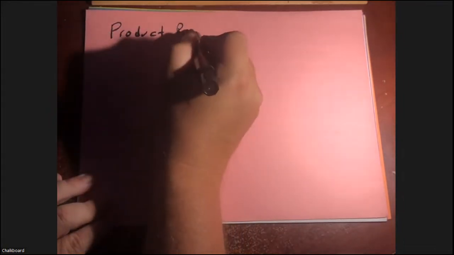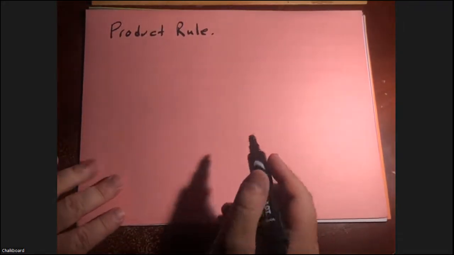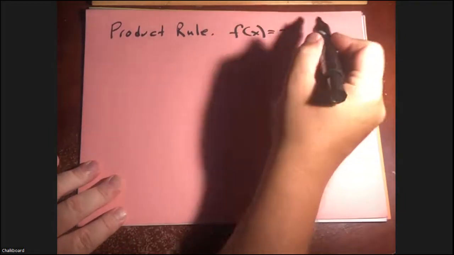First of all, let's talk about the quotient rule, okay? The quotient rule works this way. Not the quotient, the product rule. The product rule works like this. Let's pretend for a minute you had a product and that your function was actually in the format of a product.